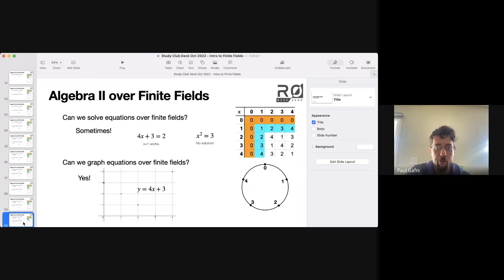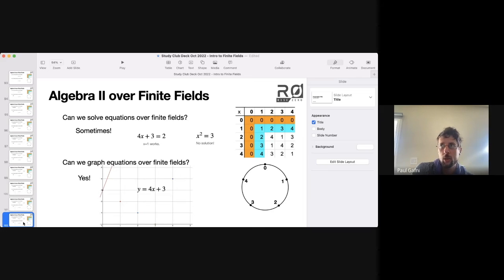And here I have the 5 values that I could possibly plug in for x and their associated points on the graph. We might wonder, how does this compare to our usual graph of 4x plus 3? Here's what our usual graph of 4x plus 3 would look like. It has slope 4. It crosses the y-axis at y equals 3.